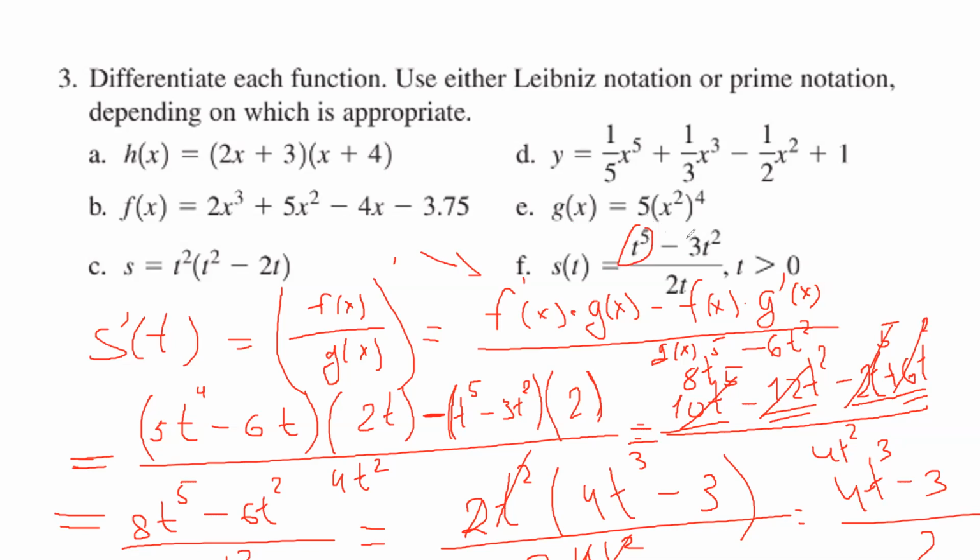And in the final derivative we got, the greatest power of t is the third power. Again, it complies with our principle that the derivative of any exponential function has the greatest power one less than the initial function. Any questions about this? No.